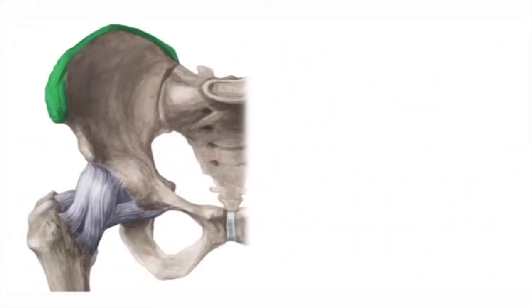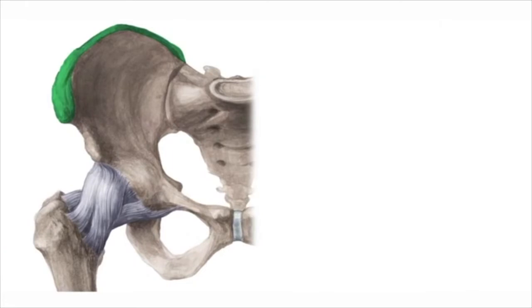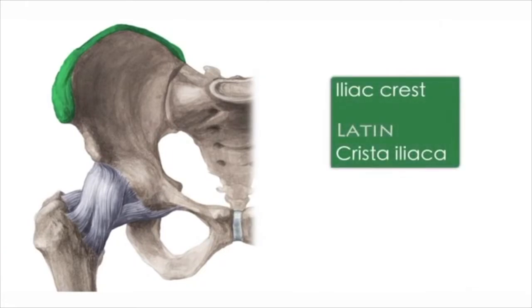The other structure that we need to talk about is known as the iliac crest, and this is the superior border of the wing of the ilium. And as you can see here on this image, it's stretching from this spine here, known as the anterior superior iliac spine, and then it's stretching all the way to the posterior part to another spine known as the posterior superior iliac spine.